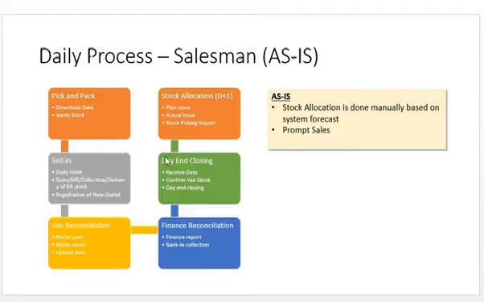Okay, the sequence here is a little bit wrong. It should be day end closing first. The day end closing basically is done by the admin. The admin would receive the data. So what it means here is, this is a technical term that we use, which means to move the data from the staging area into the work in progress area.